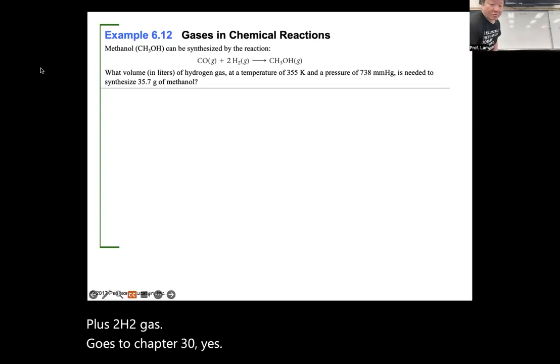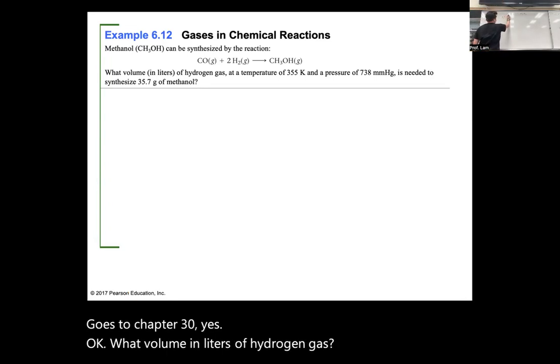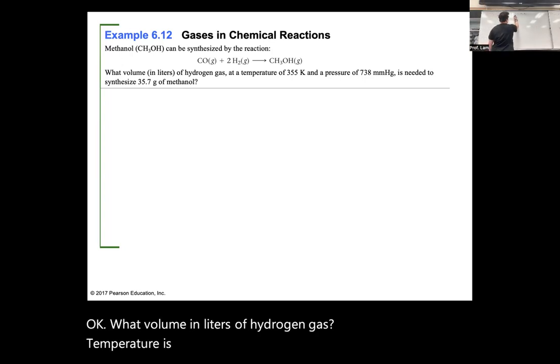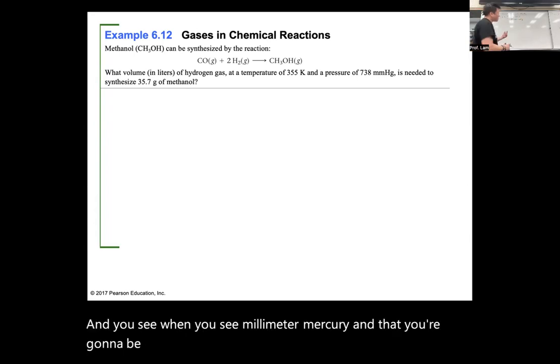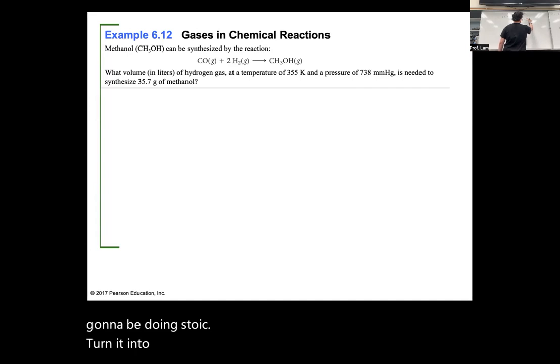What volume in liters of hydrogen gas? Temperature is 355 Kelvin. Pressure is 738 mmHg. Oh, and when you see millimeters of mercury and you know that you're going to be doing stoich, turn it into atmospheres.